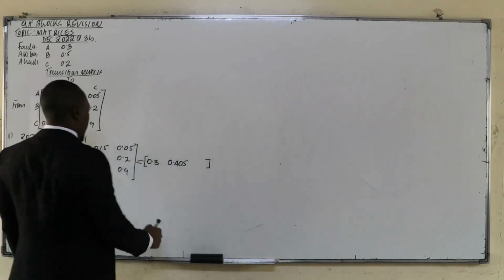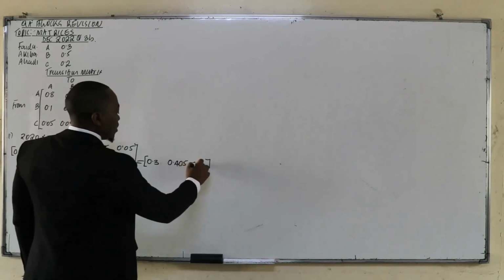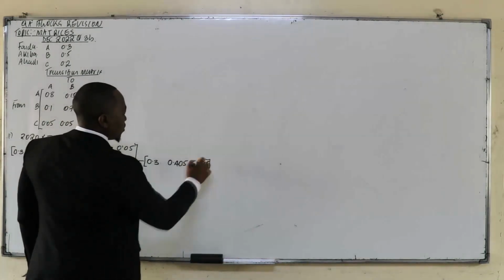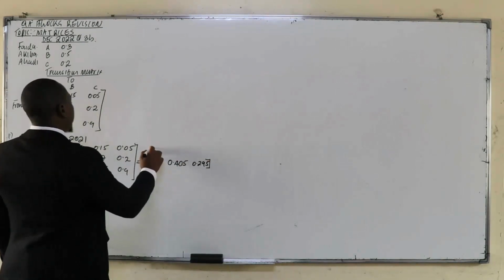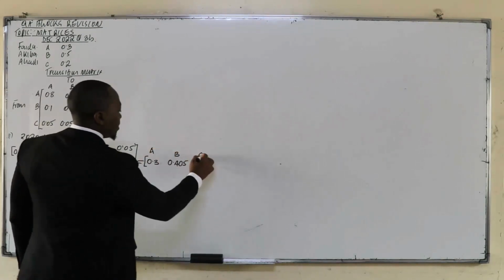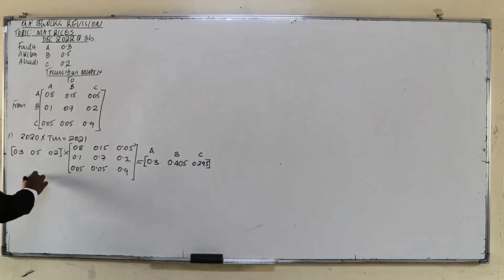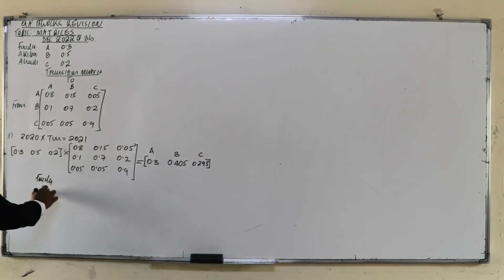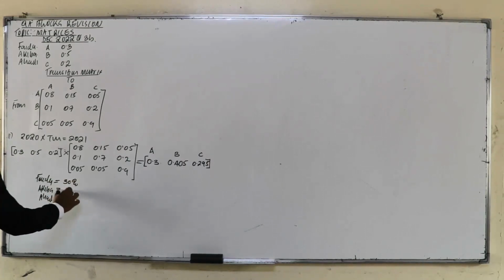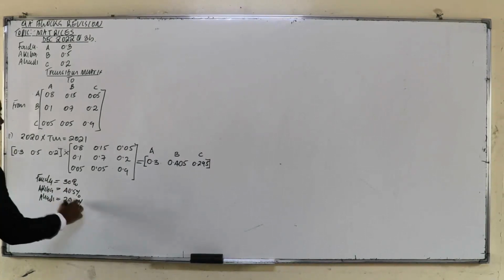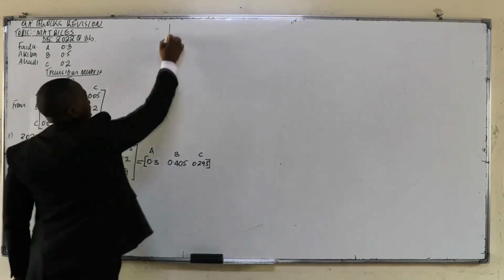You get 0.29295. Yeah, so this is A, B, C: Faida, Akiba, and Ahadi. So this one will be controlling 30% of the market, 40.5% of the market, and 29.5% of the market.